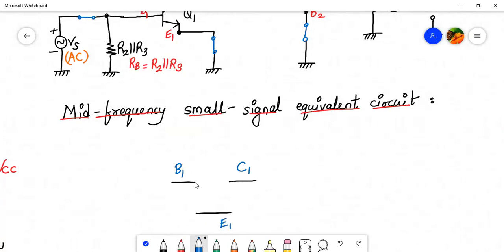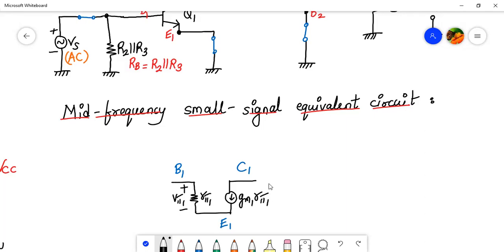So between base and emitter, we always have R pi. We call it R pi 1 because we'll be having R pi 2 also. And this voltage we can call V pi 1. And over here we will have a voltage dependent current source, which we can call GM1 times V pi 1.